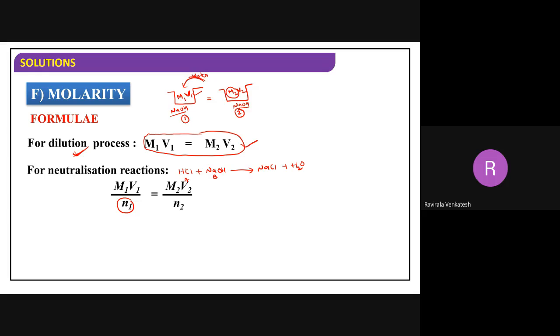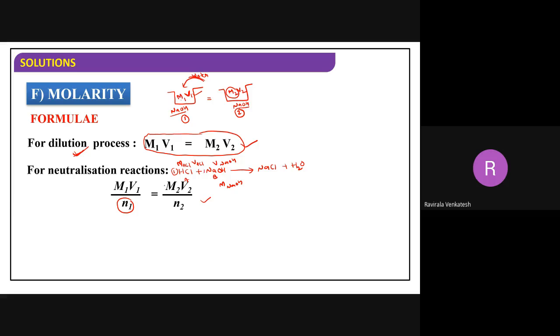Now in an examination, for example, they give the molarity of HCl and the volume of HCl, and the volume of NaOH, and they are asking the molarity of NaOH. In that case, you have to take this formula. How many moles are there? 1 mole.